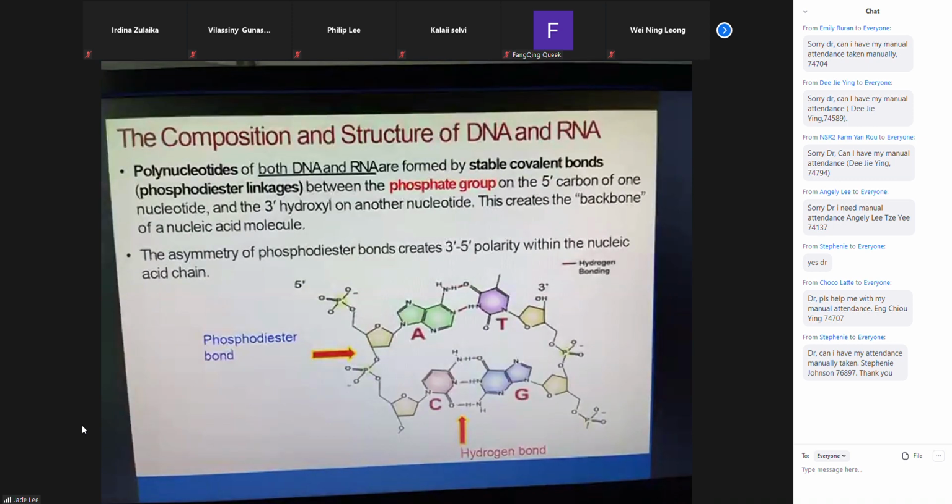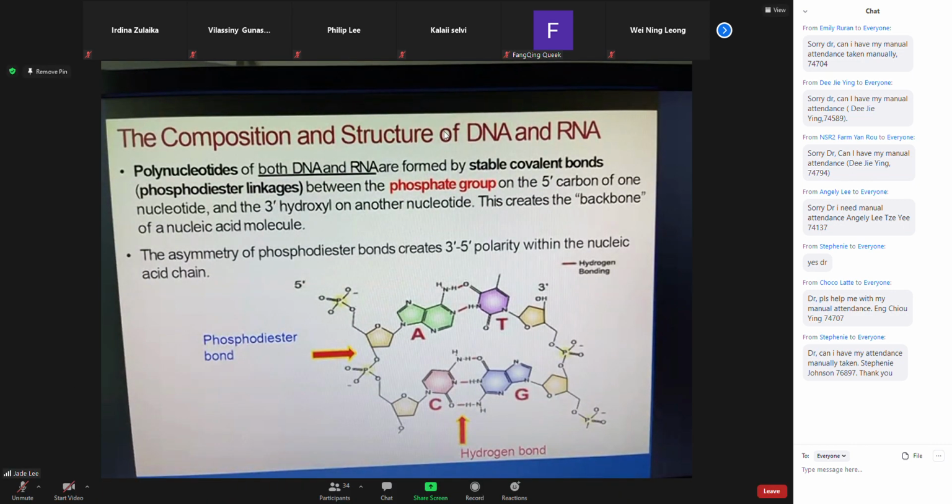Now, the polynucleotides of both DNA and RNA are formed by stable covalent bonds, which are phosphodiester linkages, between the phosphate group on the 5' carbon of one nucleotide and the 3' hydroxyl group on another nucleotide. These create the backbone of the nucleic acid molecule.